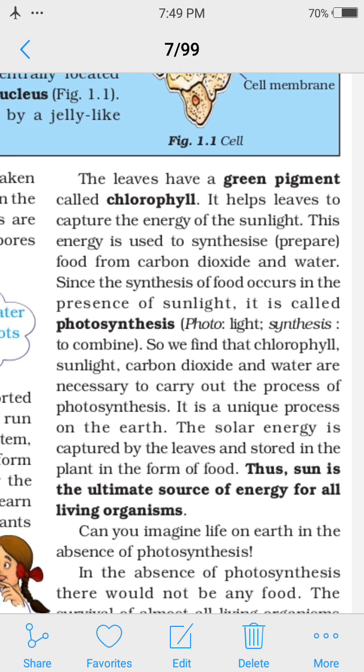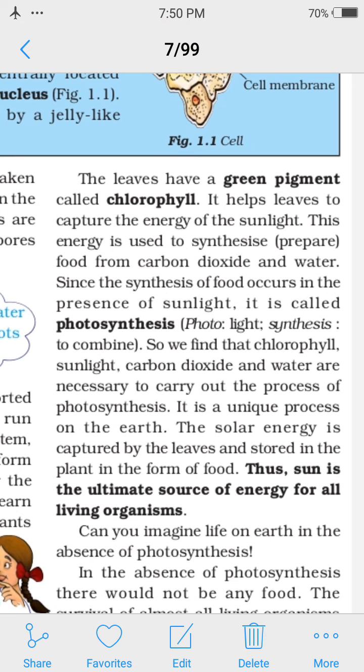And for the survival of the plant, the sun is the most important thing. Now the sun is the ultimate source of energy, because without the sun plants cannot make their own food, because the photosynthesis process also requires sunlight.